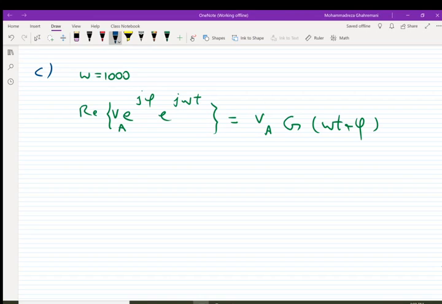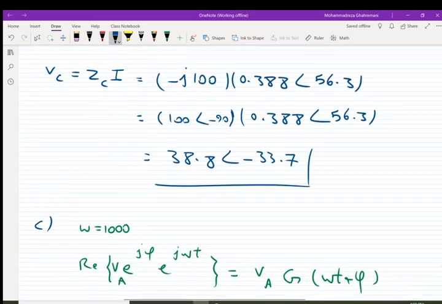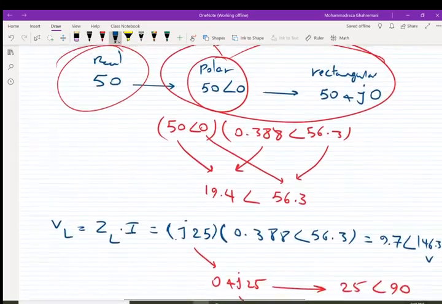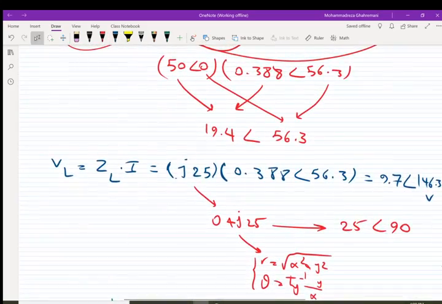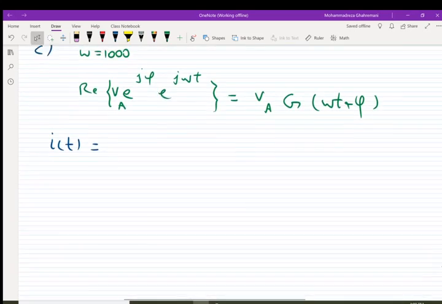For I, we know the polar phasor I is 0.388 with the angle of 56.3.